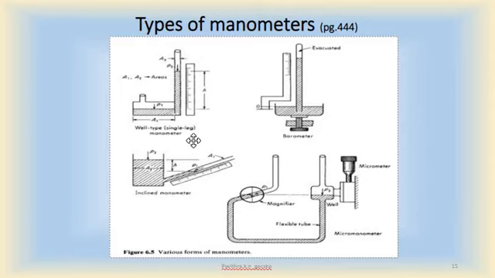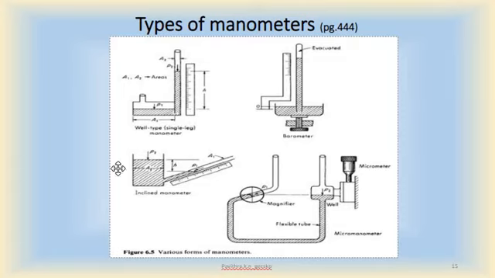This is also a single leg device. You can see this is a single leg and this is a well portion, and the calibrated scale which is present here is corrected for slight changes in well level, so that zeroing of the scale for each reading is not required.